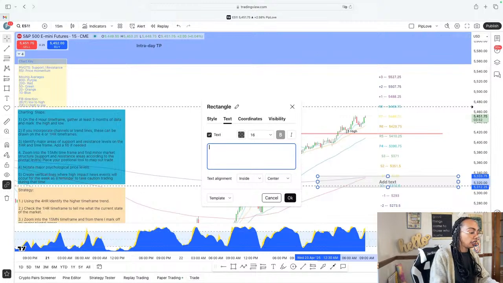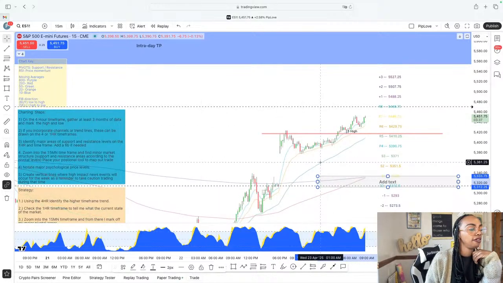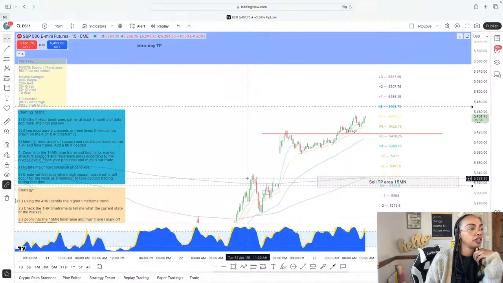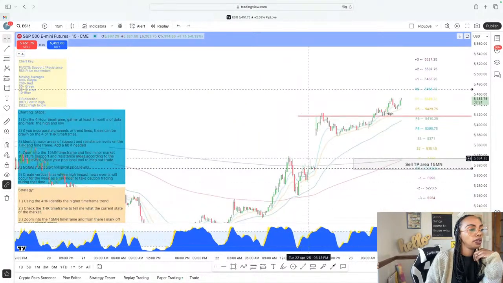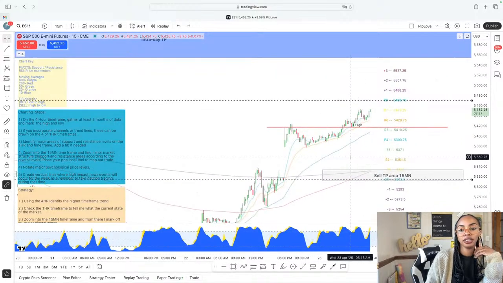Why is this our sell take profit area if we break structure and start to make lower lows? We want to fill this gap. Price wants to come back down here to this S0. This is also where we had this break and made higher highs.